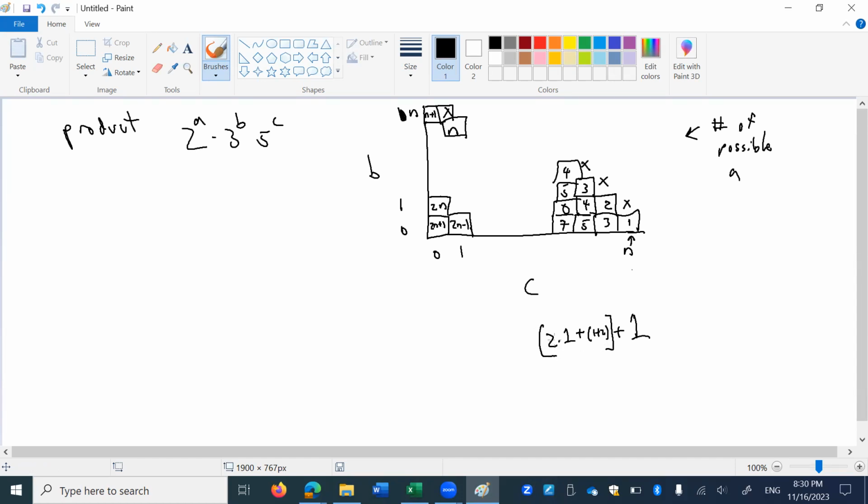And so this is the pattern that's going to follow. In the third column, I have 3 boxes. I have 2 extra in each box, and then I have the sum 1 plus 2 plus 3. And I have n plus 1 total columns.